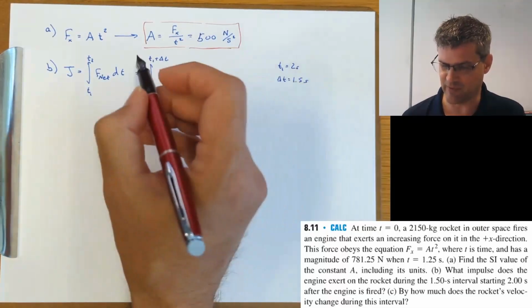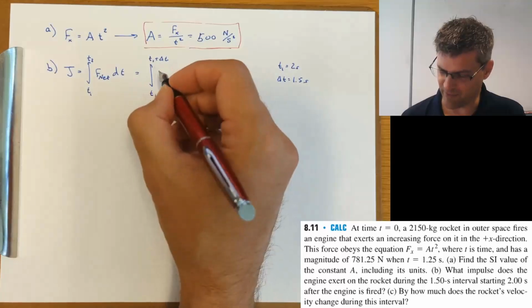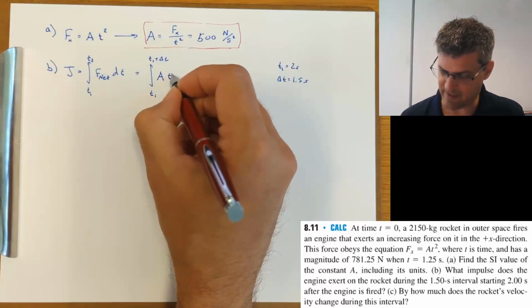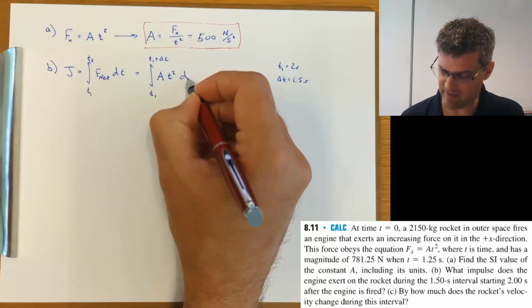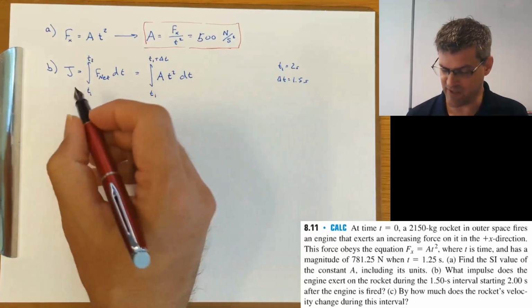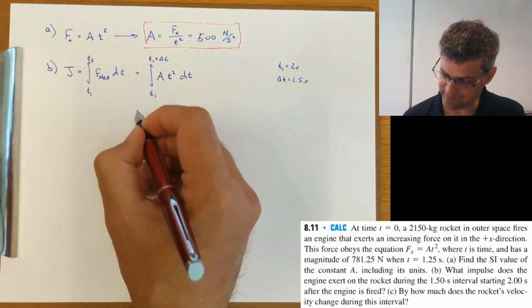That's essentially what we're told. But we need to integrate that force, and the force as a function of time is a t squared. Has to be integrated over some time. So this is how we calculate the impulse.